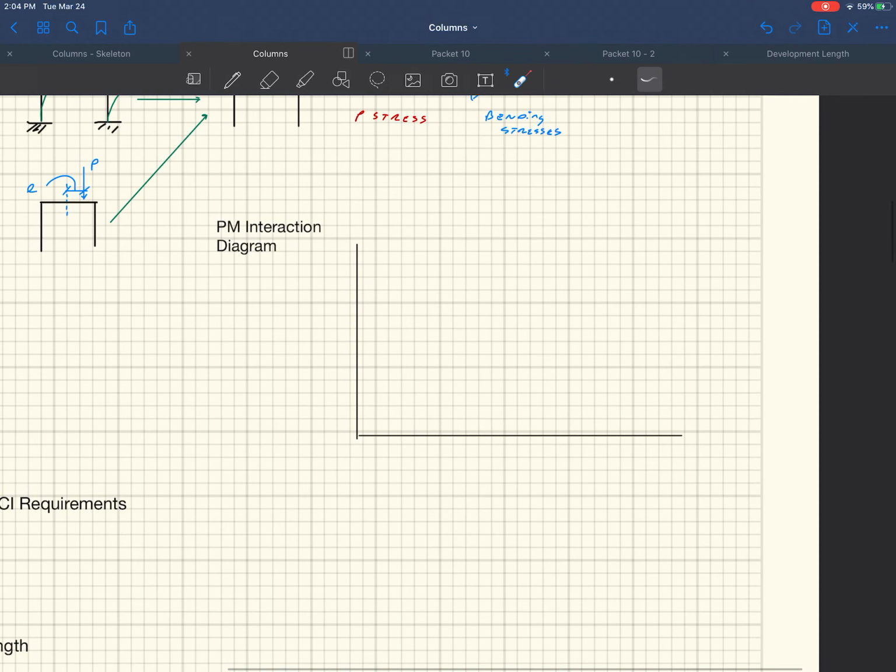But what you could do, and people actually do this, and you can look up these charts, and if you're going to do a design you would use one of these charts, is this idea of a PM interaction diagram.